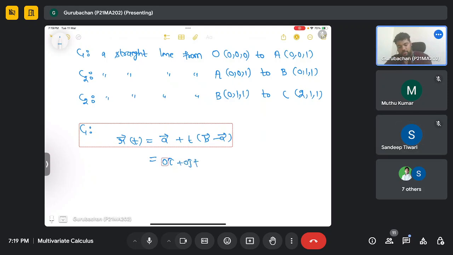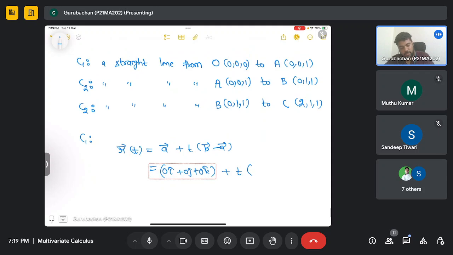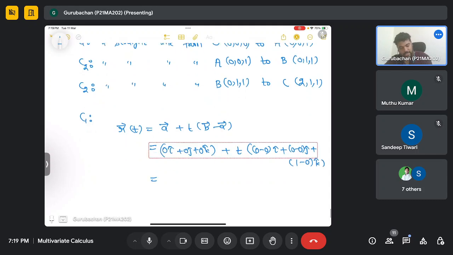0 j cap plus 0 k cap. This is our vector A. I am just writing for the clear view. So this one will be 0 minus 0 i cap plus 0 minus 0 j cap plus 1 minus 0 k cap. So from here we will get our vector to be only t times k cap.